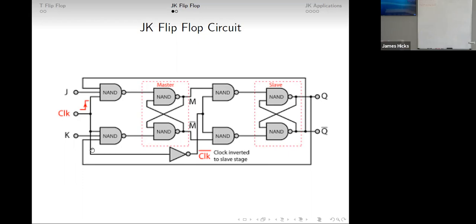This clock signal also goes down here and gets converted, and it goes to the second flip-flop. Since this is inverted, that means this second one will happen after the first one. Whenever the clock signal goes back down to the low level, the inverted one goes back high, so that will trigger the slave portion.